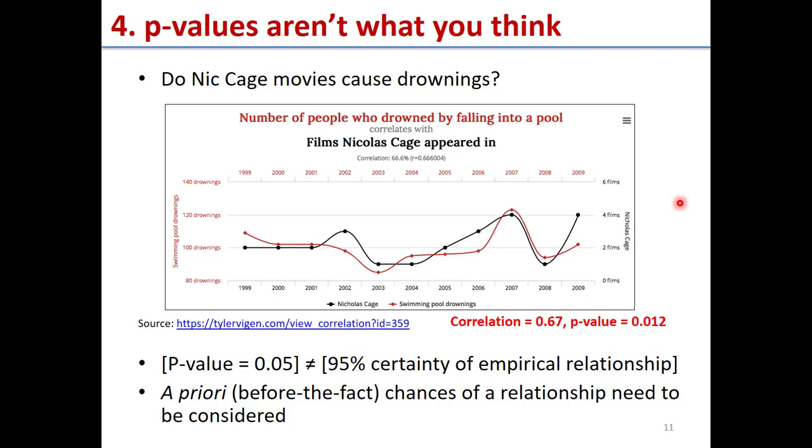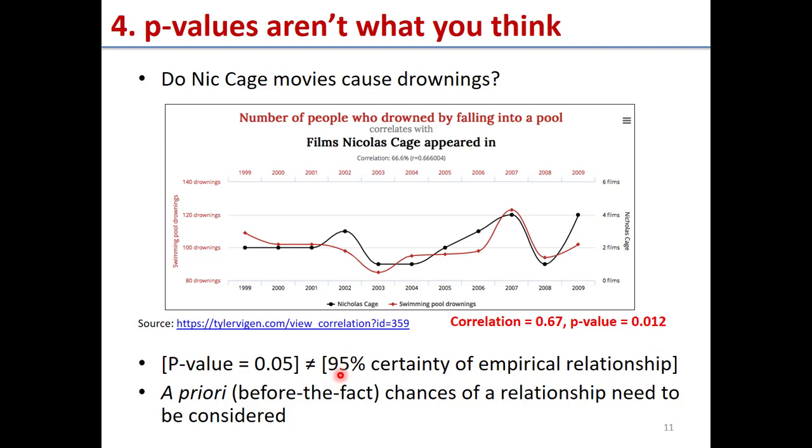And so what this guy probably did here is that he took, I'm guessing, hundreds or thousands of actors or actresses and many different outcomes like falling into a pool and other things, and he tried to find one that had a nice, cool correlation that was statistically significant. So what this says is that p-values are not what you think they are. If you have a p-value of 0.05, it does not mean that there's 95% certainty that the empirical relationship is real.